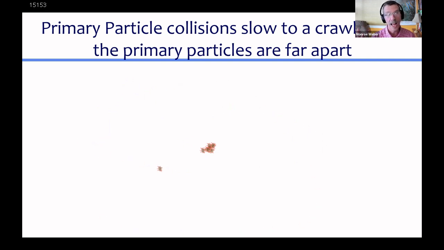And this is why at the end of flocculation, it doesn't matter if you start at 500 NTU or at 5 NTU or at 1 NTU. By the time you get to the end of flocculation, the number of solo particles that have not combined with any other particles ends up being very similar.